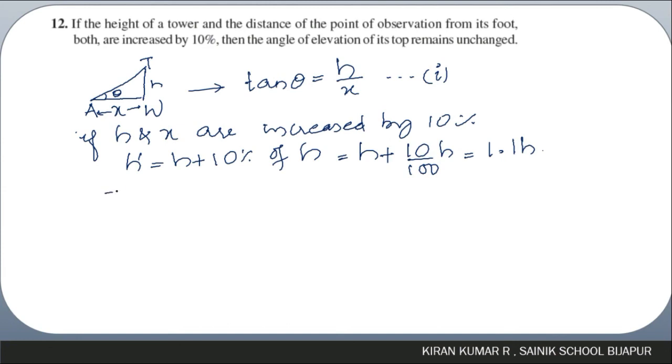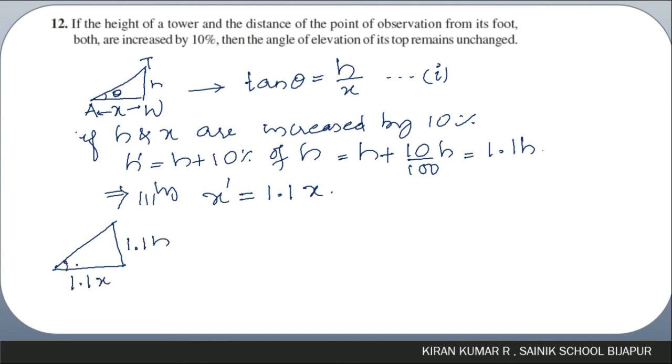In a similar way, we get the new distance x dash as 1.1 x. Now this will be the figure. If 10% is increased, we will have 1.1 h as the height, 1.1 x as the distance of the observer from the foot of the tower.